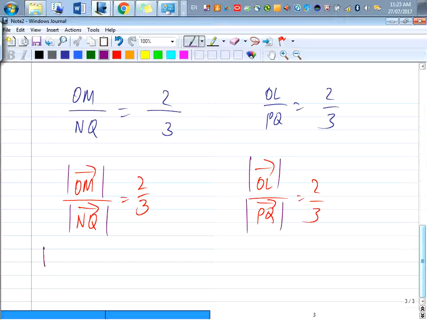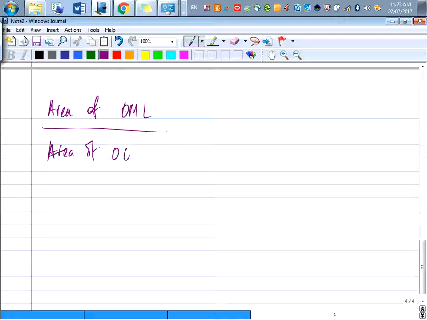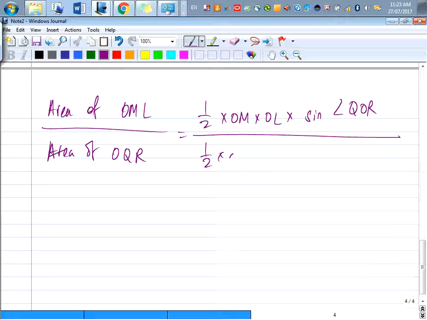Then part D, the answer is ratio 1:3. Area of OML over area of OQR is equal to half times OM times OL times sine QOR over half times OQ times OR times sine QOR.